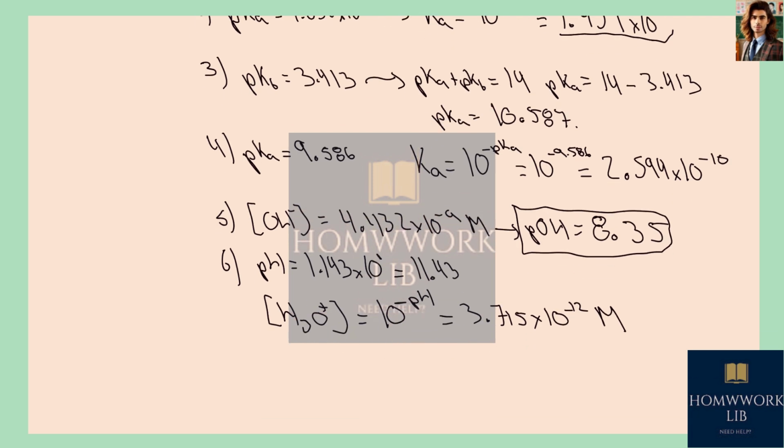And the final one is going to be, we are given the concentration of OH minus is 9.171 times 10 to the minus 3. What is the value for pOH?